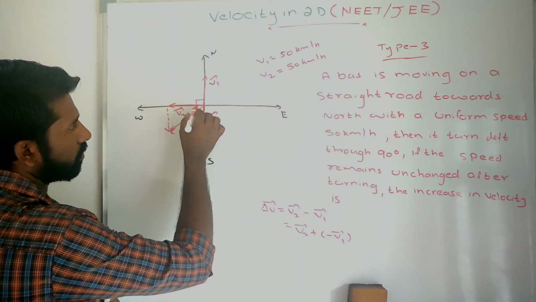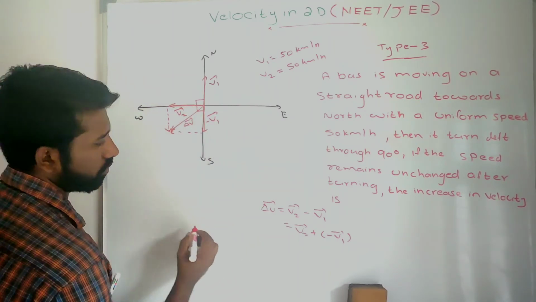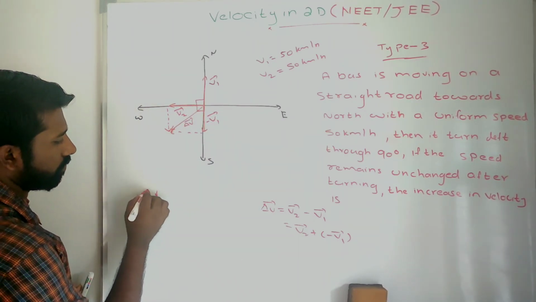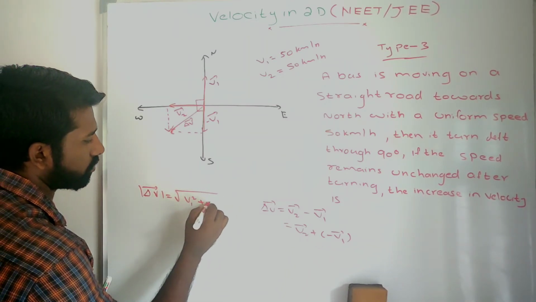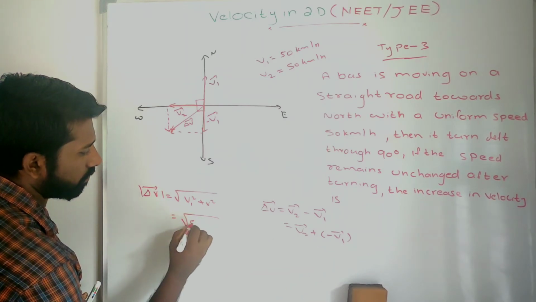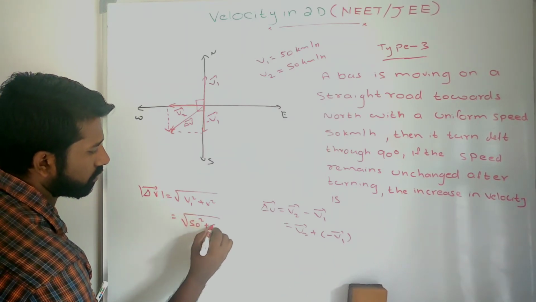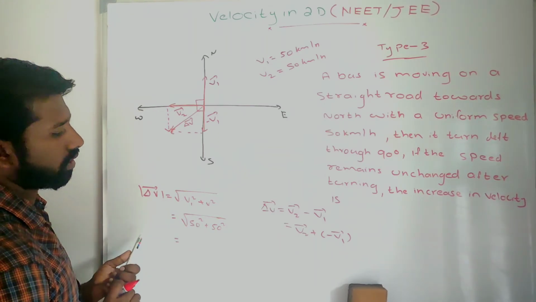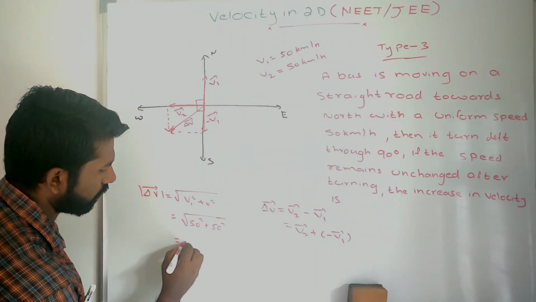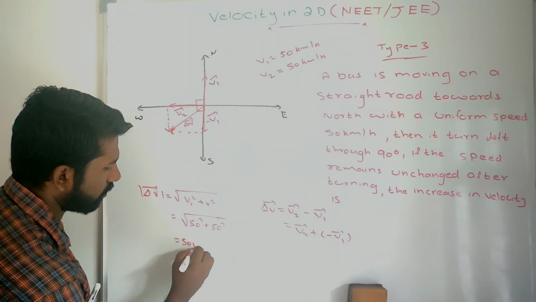Okay, so here the angle is also 90 degrees. So the magnitude of the change in velocity is square root of v1 square plus v2 square. So how much do you get? 50 square plus 50 square. Okay, so this I can write as 50 root 2 like that.